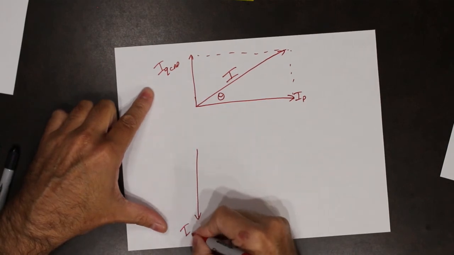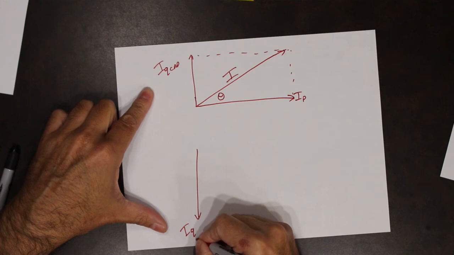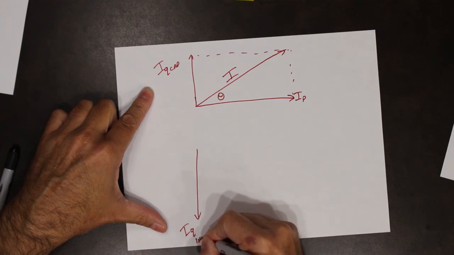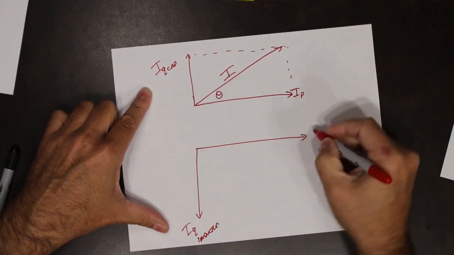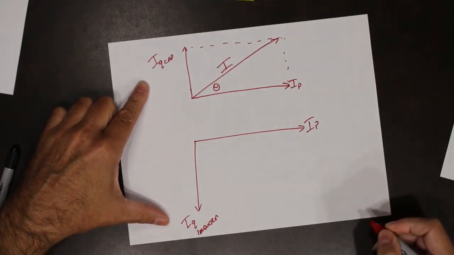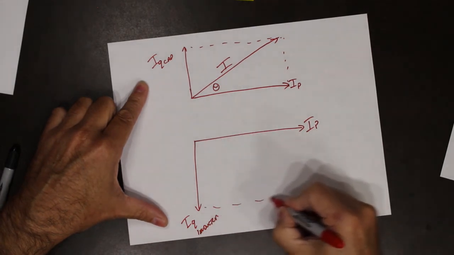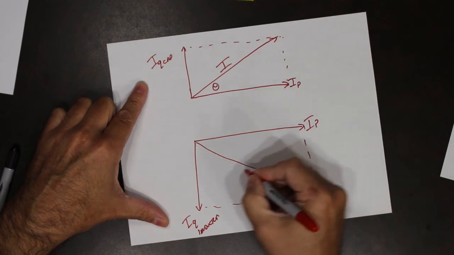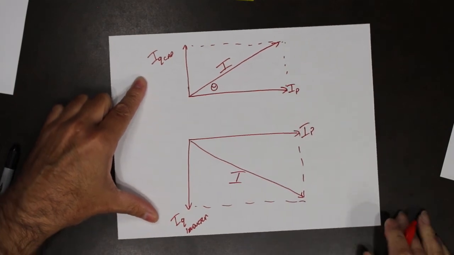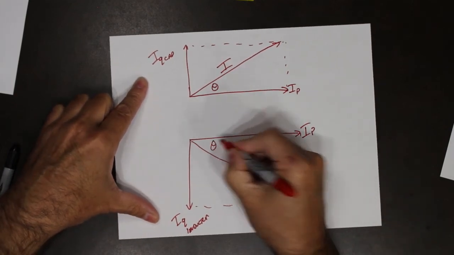If this was IQ of an inductor, with IP of the circuit, the vector sum is going to be I of the full circuit with a phase angle.